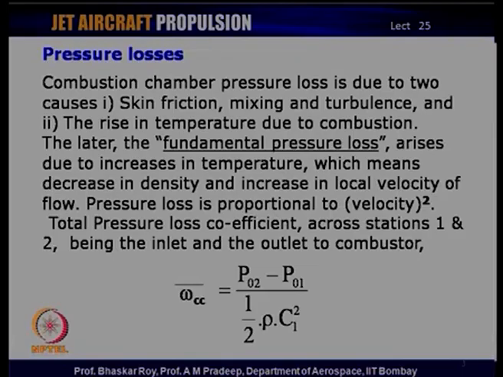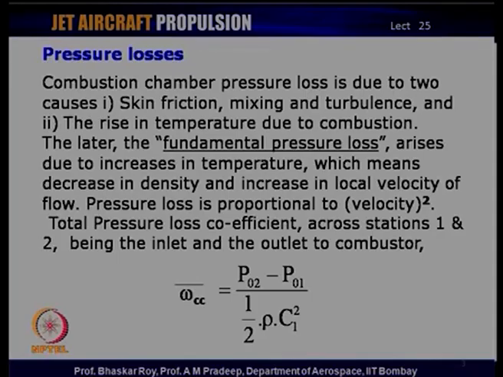This is due to the fact that as the temperature rises, the local density decreases, and the decrease in density pushes the flow faster, and as a result there is a local increase in the velocity, and this velocity increase locally creates a higher pressure loss, because pressure loss is proportional to the velocity squared. So, typically every geometry would have a pressure loss coefficient, so to say, and this pressure loss coefficient is then multiplied with the velocity squared to get the pressure loss.